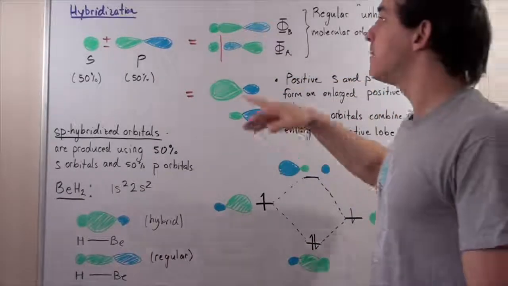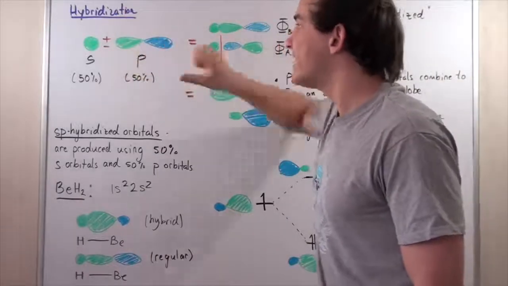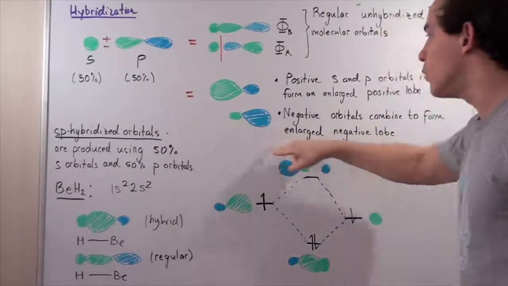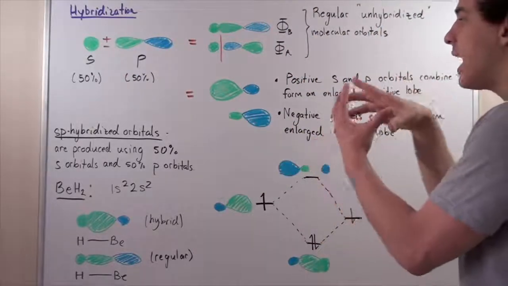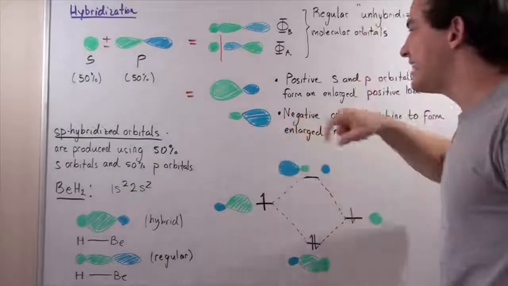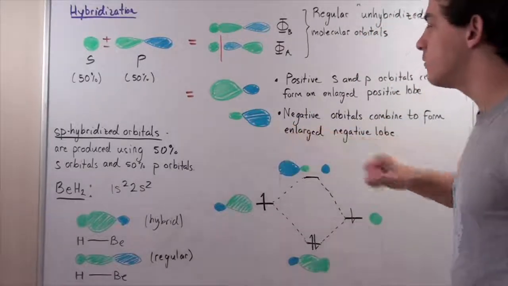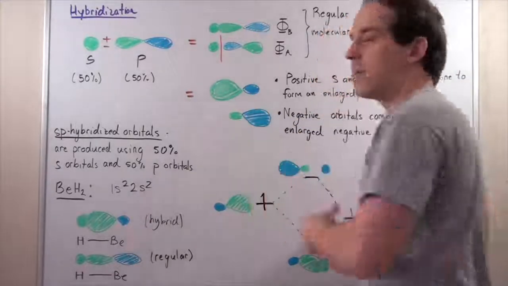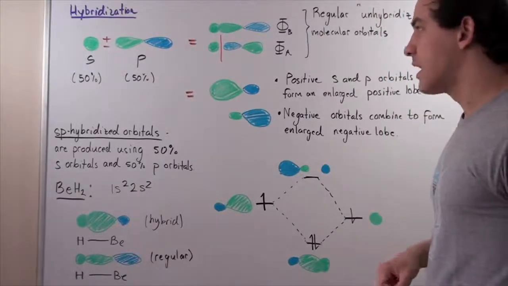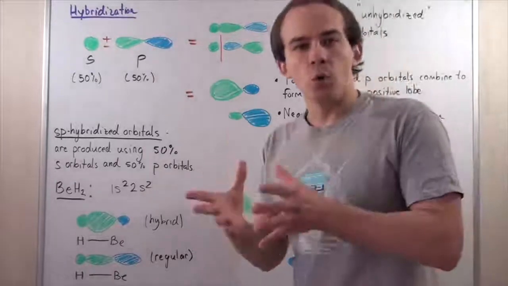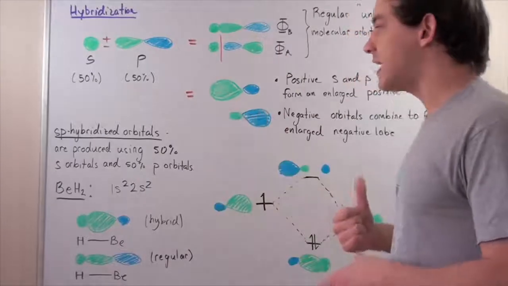And the same happens when this part is negative. We get the following, because 2 negative lobes combine to form this enlarged negative lobe, and the smaller positive green lobe.